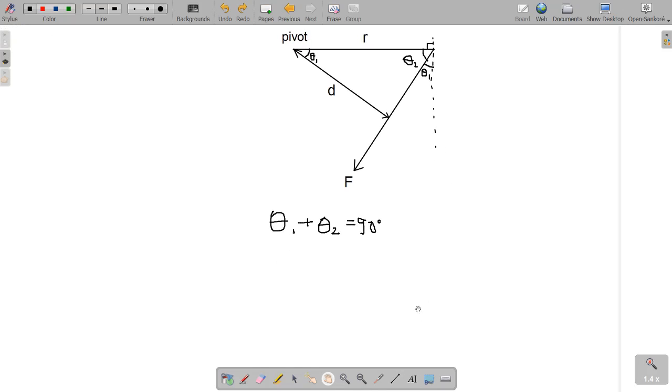So by the definition of a moment, M is defined as Fd. Using our trigonometry, d is actually equal to r cosine theta 1.